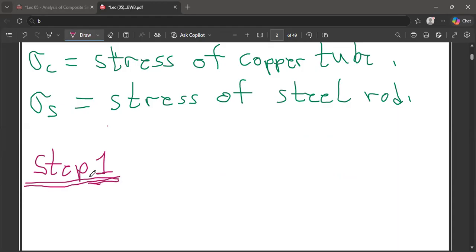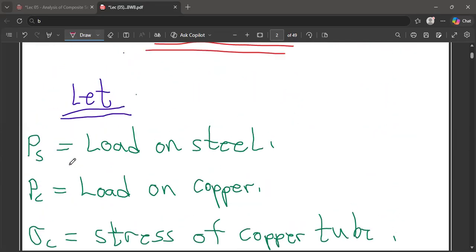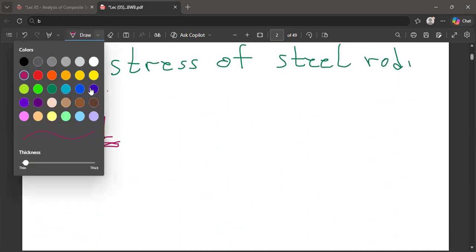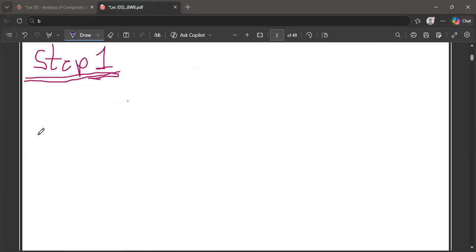From our step one, we are going to be calculating for the area. So let's quickly calculate for the area in our step one.